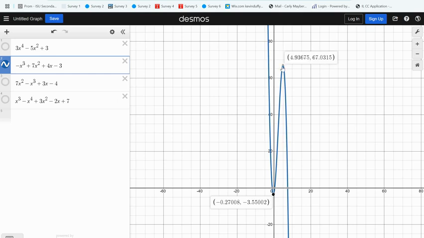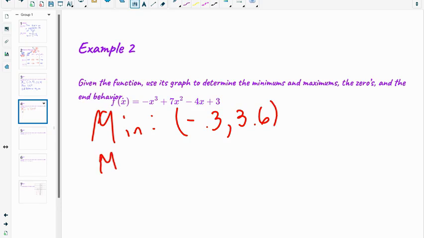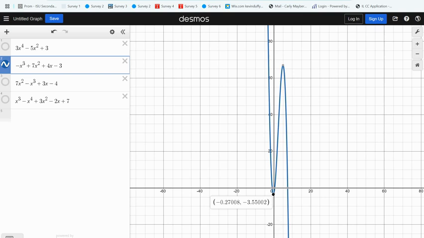So let's go ahead and write that down. We got a minimum at (-0.3, -3.6), and we had a maximum at, let's see what we got here, (4.9, 67).